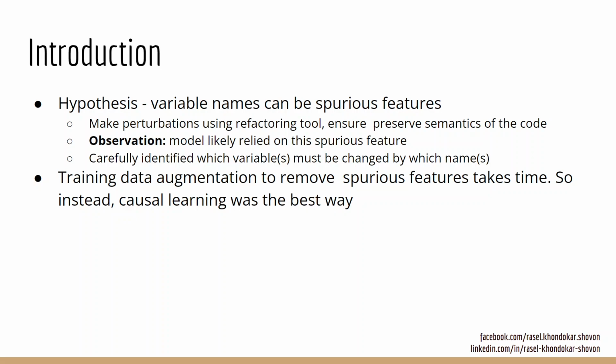Based on it, they perturbed their dataset using a refactoring tool and ensured the semantic meaning of the code exists after the perturbation. The observation was that the model likely relied on this spurious feature. During refactoring, they made sure which variable names were changed to which names, to ensure the semantic meaning of the code.